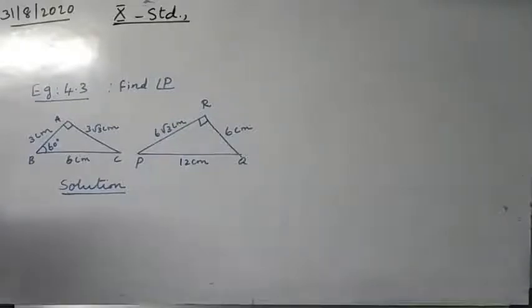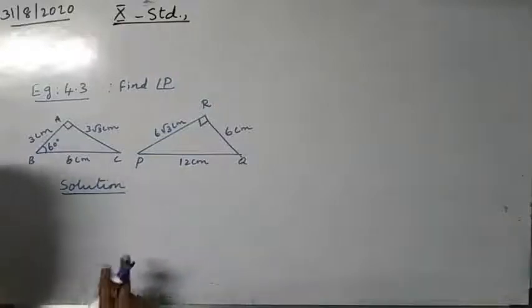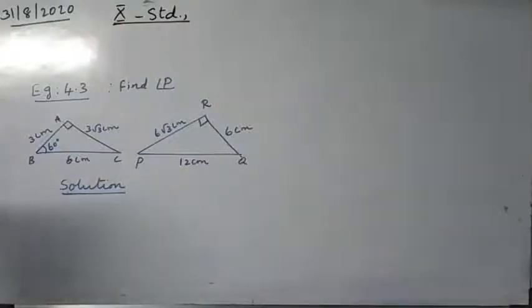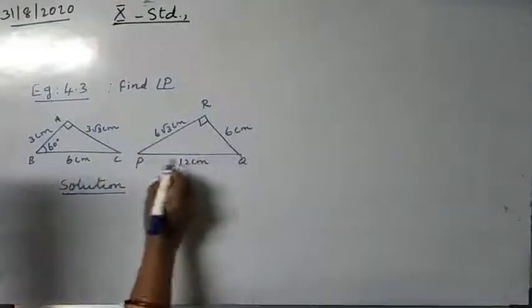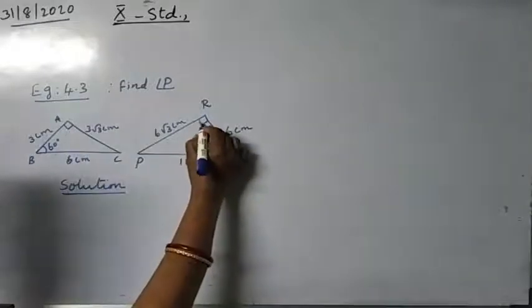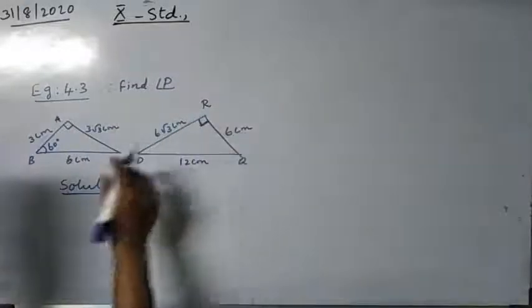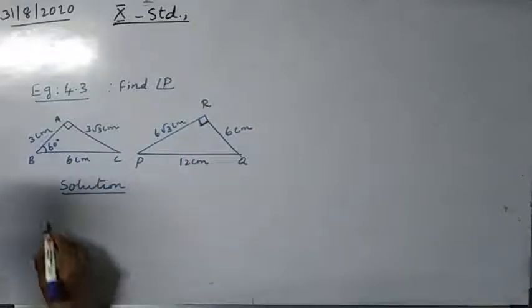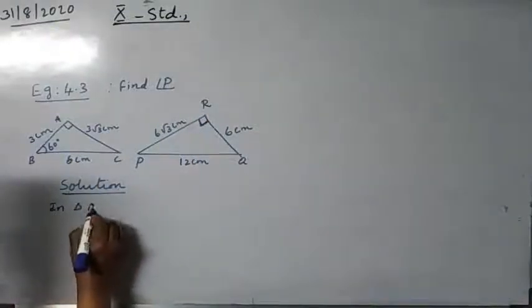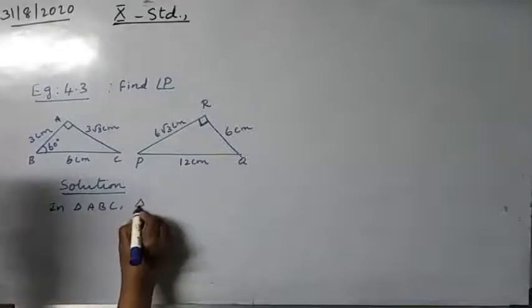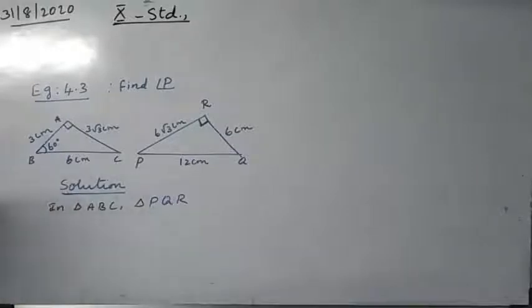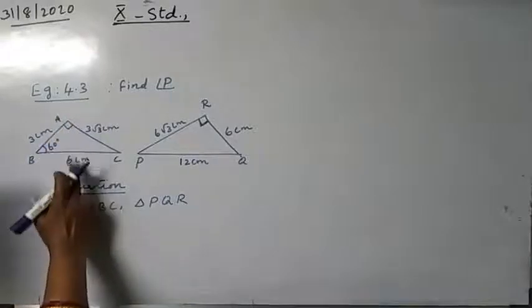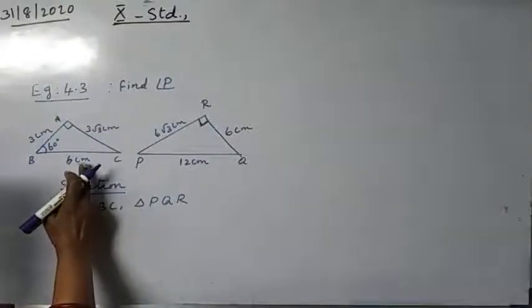Does it come under SAS, the AA criterion, or SSS? Okay, so I want to take these two triangles, take the 90 degree. Now the triangle shape has changed, so look carefully and decide which sides to take. So in triangle ABC and triangle PQR, in these two triangles, first take triangle ABC. The side opposite the 90 degree is the hypotenuse.